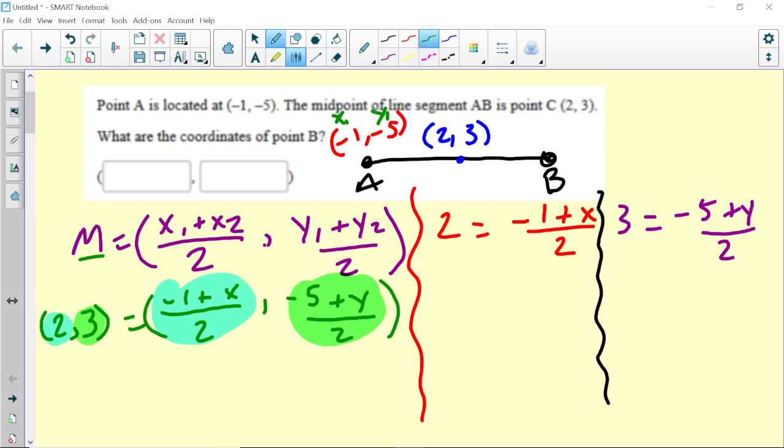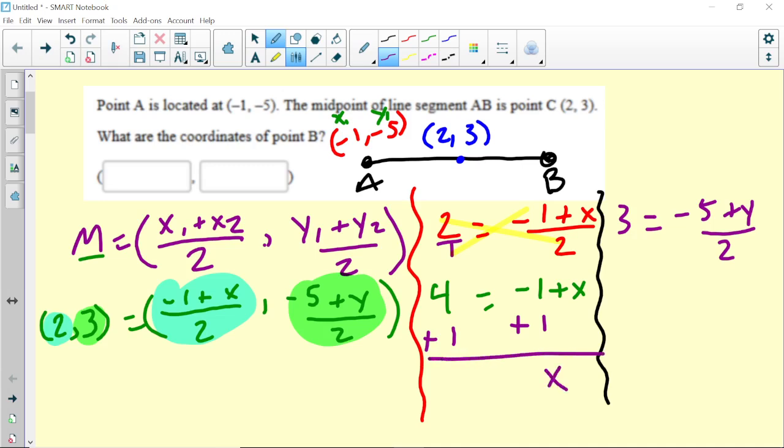So we do know that we've got some invisible 1 here that we can do some cross multiplying for. So I know that 2 times 2 is going to equal 4. And 1 times this entire top part on the right is equal to -1 plus x. It equals itself. And now it's just a simple algebra part where I am going to add 1 because it's negative. I do the opposite.